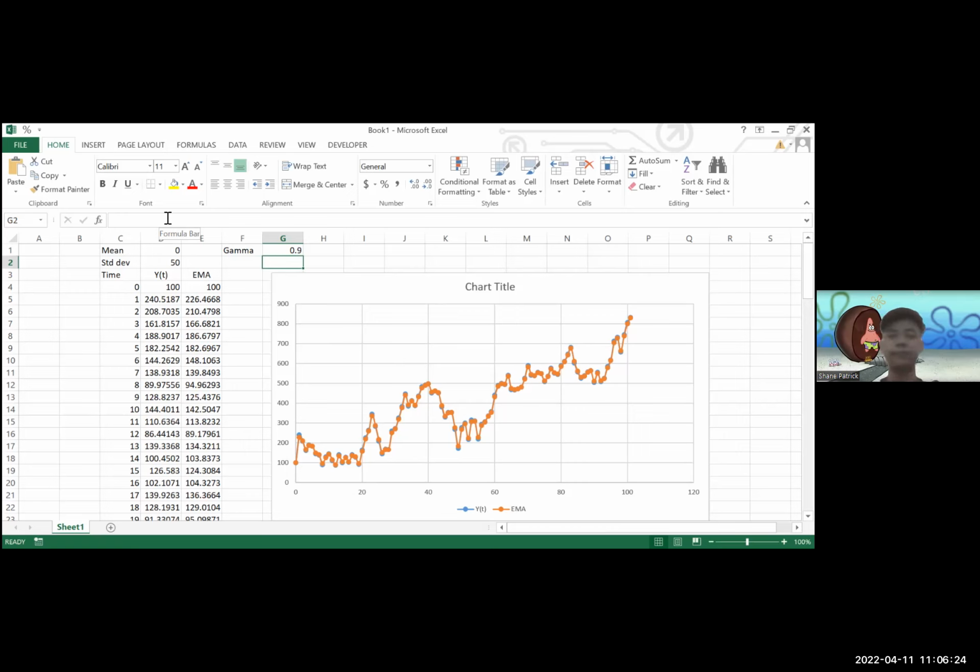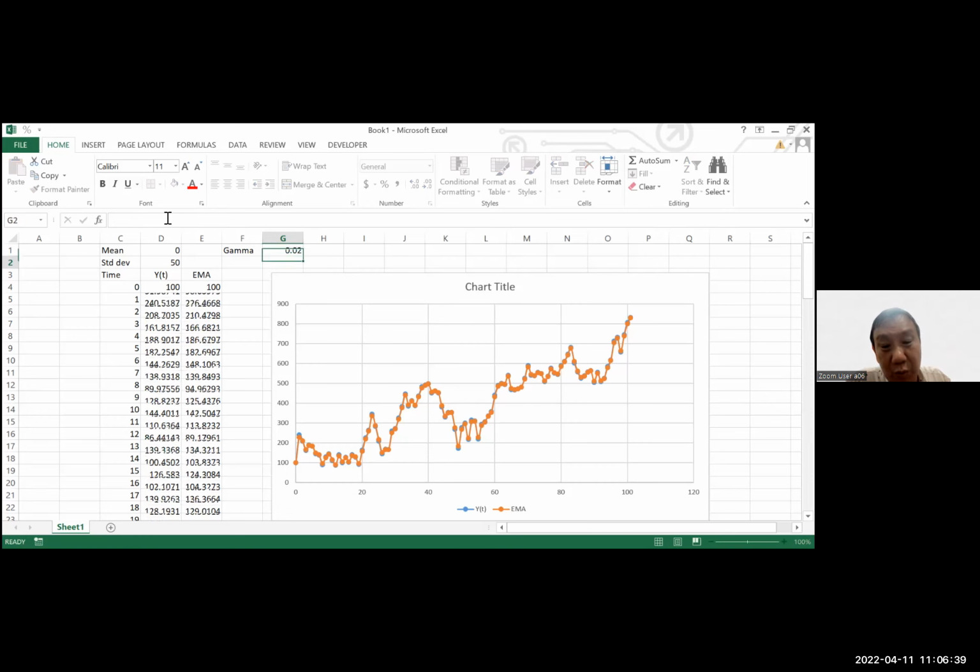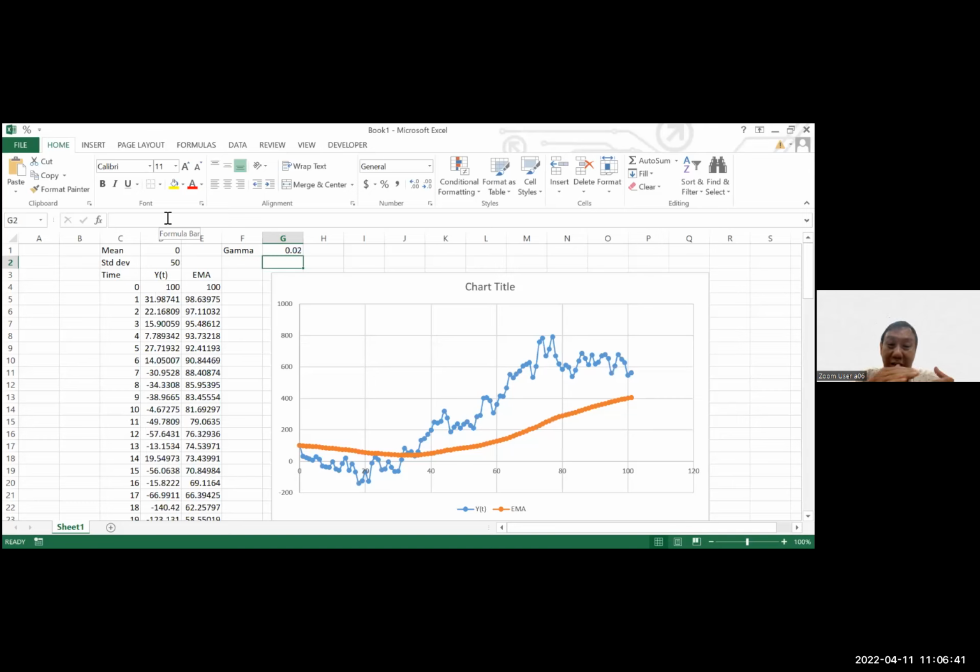So now what you need to do is change the gamma closer to 0. It's not 0, since 0 is an error, right? So 0.1 or 0.01. That one you can see the smoother pattern. Yes, sir, pretty clear. Thank you.